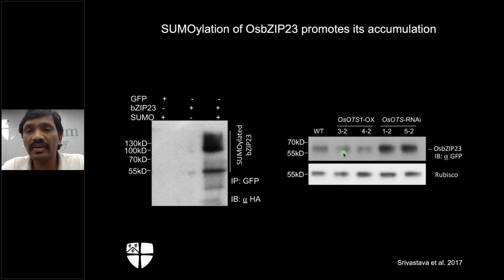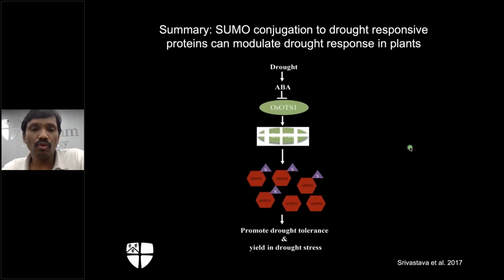Later we wanted to find out the status of BGP23 in the overexpressed and RNAi lines. We showed that in the RNAi line, BGP23 gets SUMOylated and accumulated. So basically BGP23 accumulation provides the drought tolerance, because it's conjugated to SUMO and stabilized in the RNAi line, and that makes it more drought tolerant.